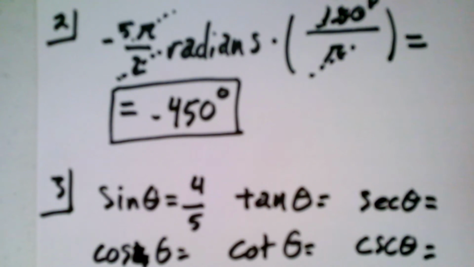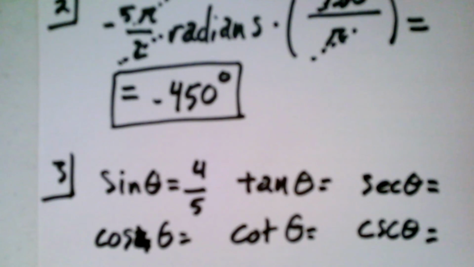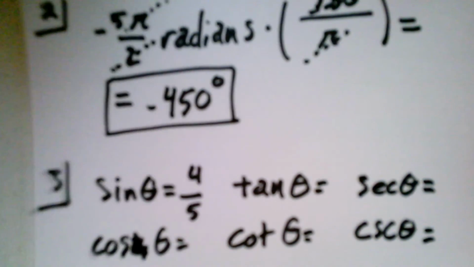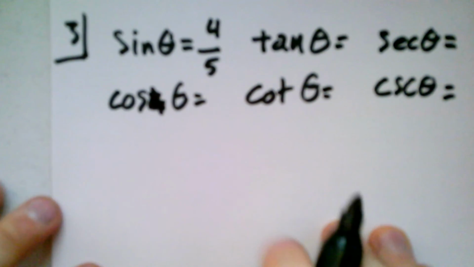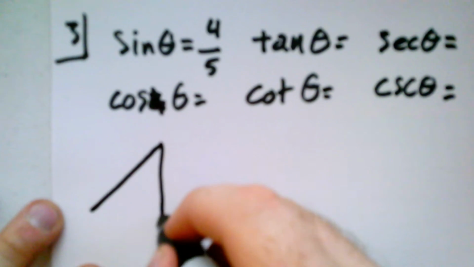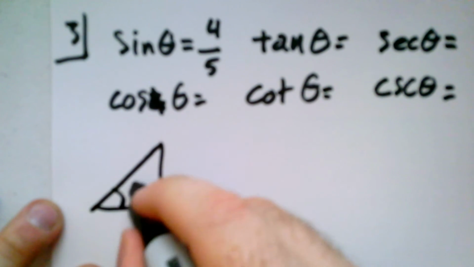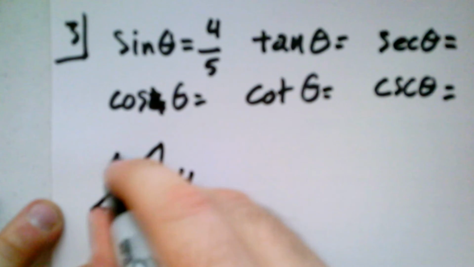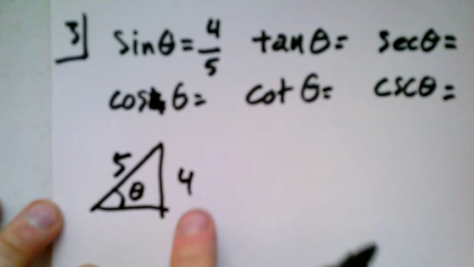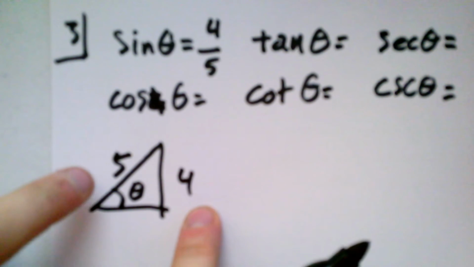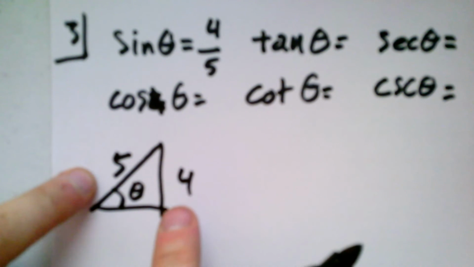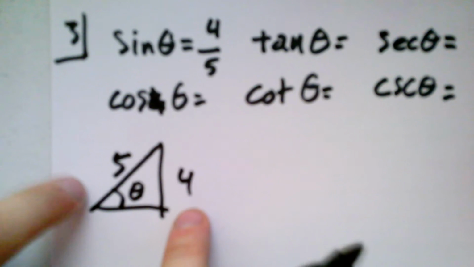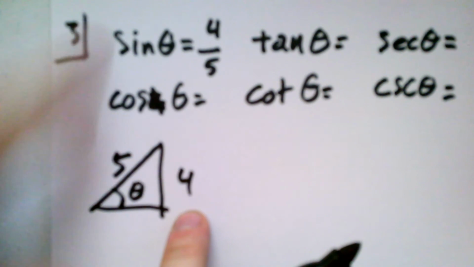Well, we know that sine of theta is 4/5, then that means that we have a triangle where our angle is theta, and the opposite over the hypotenuse equals 4/5. Now I can choose 8 and 10, or lots of different lengths that'll give me the right sine value for my triangle.